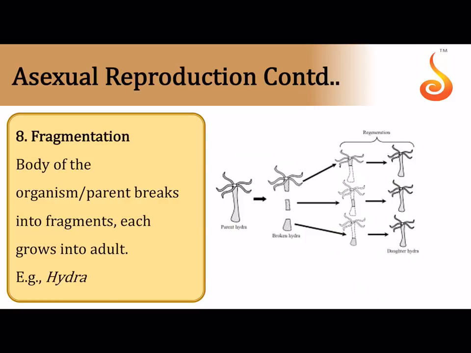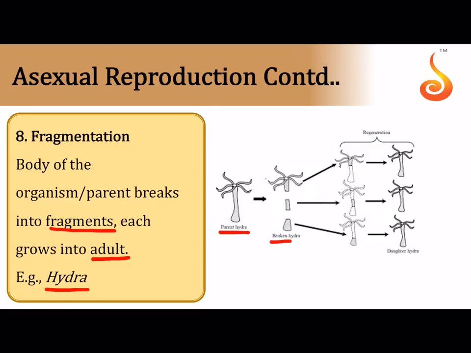Fragmentation, as the name itself indicates, the body of an organism splits into individual fragments. It may be by accident, it may be voluntarily, and each piece or fragment that is broken apart from the parent grows into an adult. This is seen in hydra. See, this is the parent hydra.